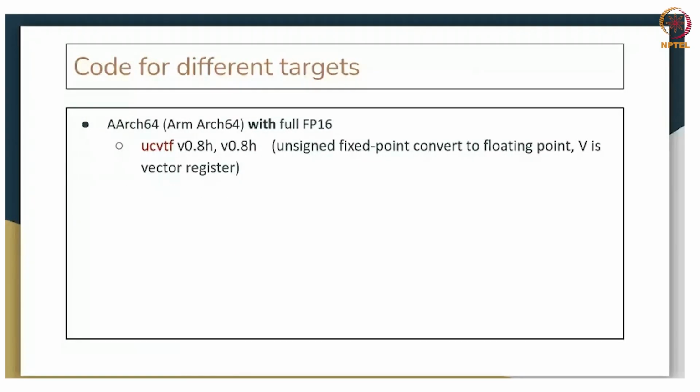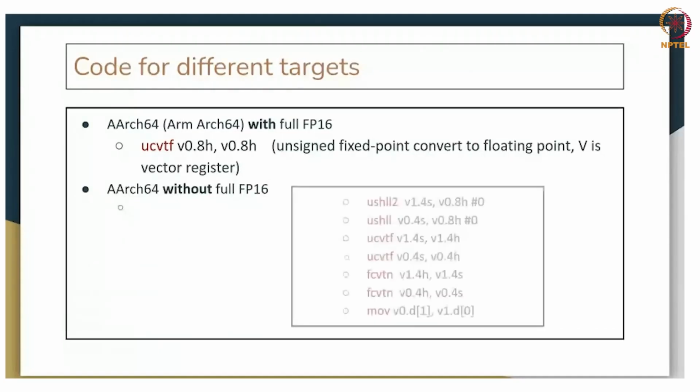But without full floating point 16 support, the number of instructions required is on the higher side. All the registers starting with V stand for vector registers, and here you are doing it with a different sequence of instructions. So based on the architecture, if there is no full floating point 16 support, the number of instructions will be different. That is target specific.